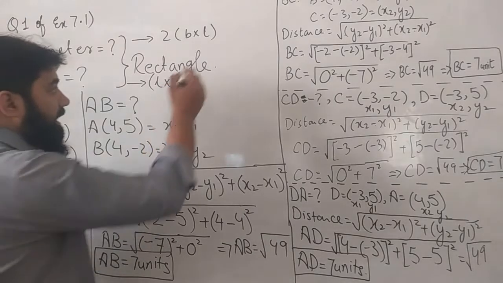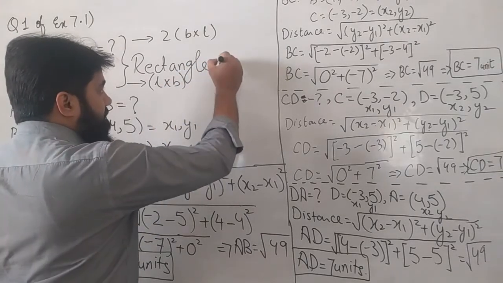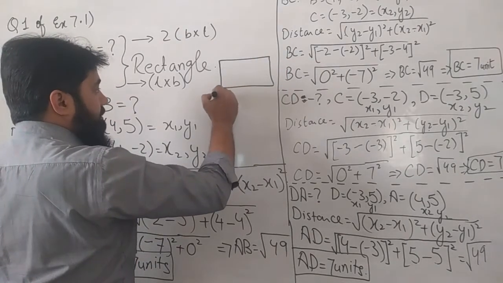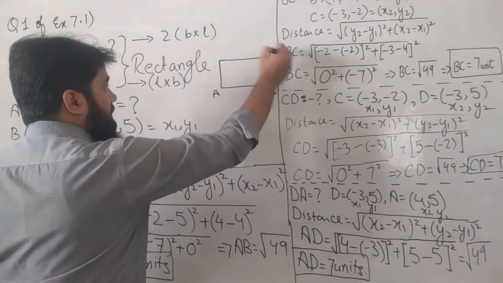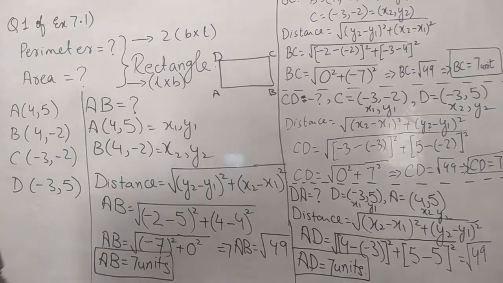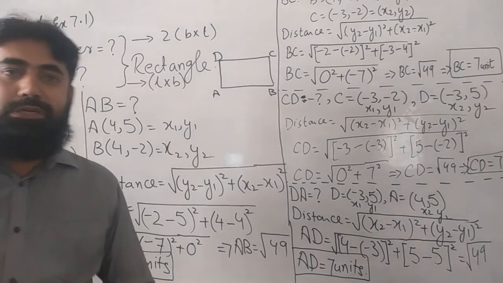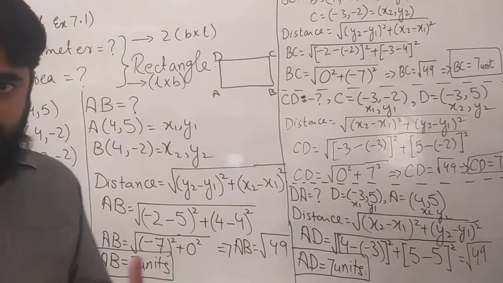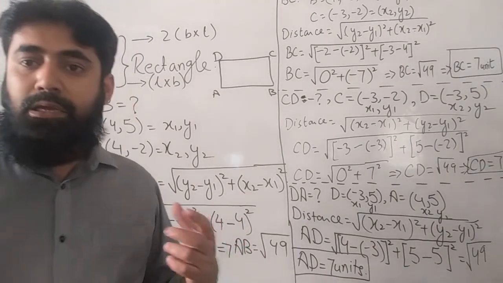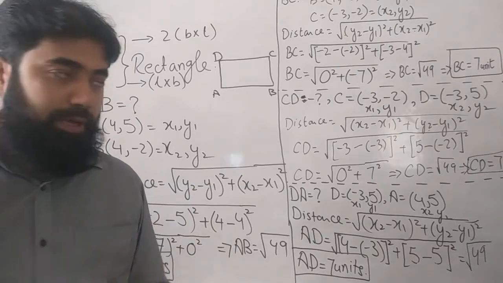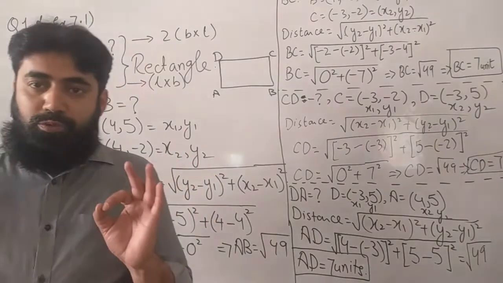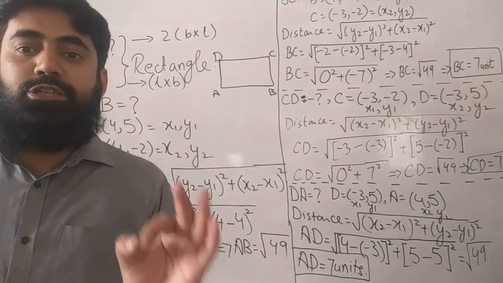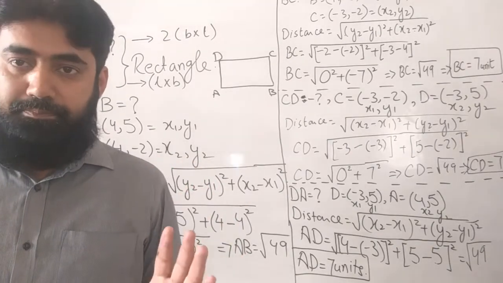Now they have given us a rectangle, A, B, C and D. Now people get confused in this question. Okay, sir, all the values are coming 7, so it means it is what? Basically, it's a rectangle, it's a square. So beta, the definition for a rectangle is opposite sides should be the same.